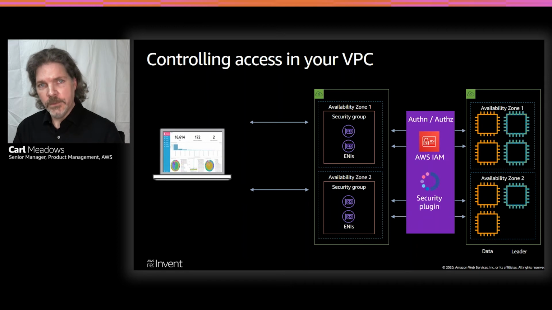When you set up Amazon Elasticsearch Service in a VPC, it's going to ask you for some CIDR ranges, which are IP ranges, that have access to security groups, so that only traffic coming from that security group is allowed into that VPC, and then allowed into the Elasticsearch Service domain from there. Once it gets past that boundary, there's IAM authentication and the security plugin authentication and authorization, and then you get access into the domain. So there's multiple layers of security with the service.